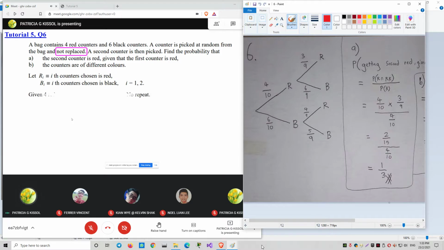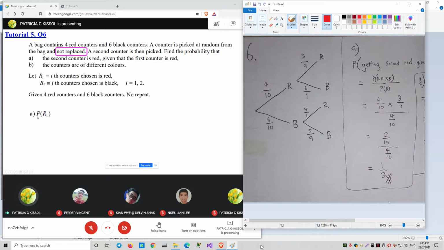Remember that it's not replaced. So we have 4 red counters and 6 black counters, not replaced. That means not repeated. So the question is, the second counter is red, given that the first counter is already red.